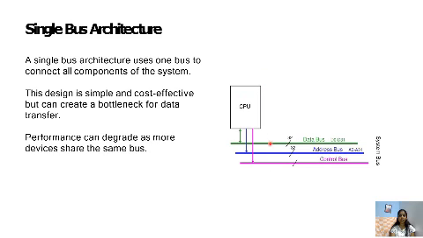This design is simple and cost effective, but it can create a bottleneck for data transfer, and the performance can degrade as more devices share the same bus. As more components are connected to one bus, the performance will decrease.